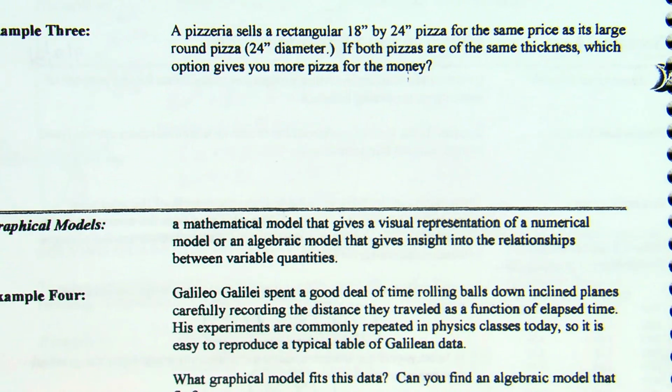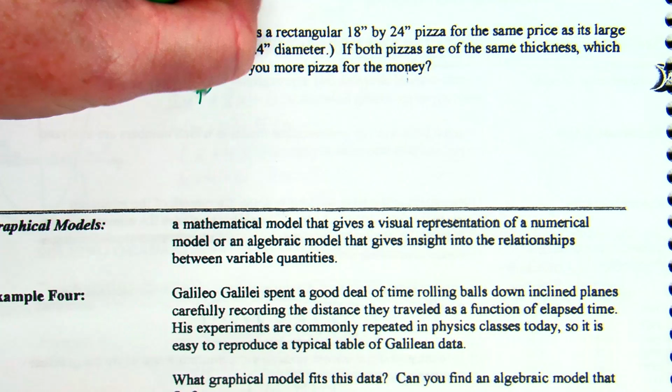Thoughts of how we can do this? Find the area. Compare areas. Okay. Because if they're the same price, where are you getting more pizza for your money? If they were different thicknesses, I'd want to talk volume. But since the thicknesses are the same, we don't have to worry about that. So, let's see.